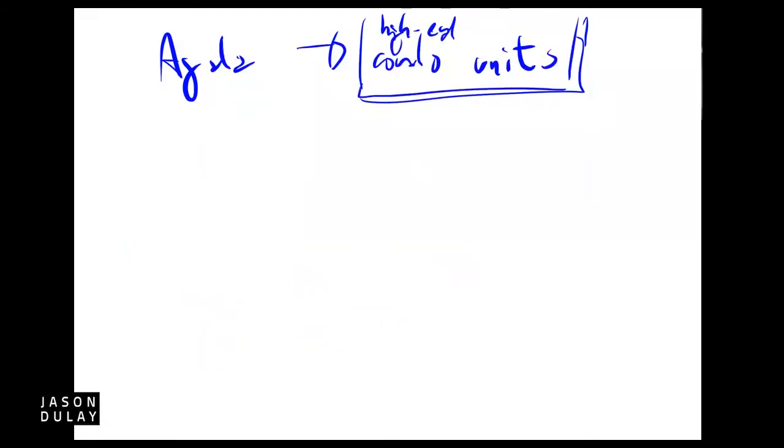Who are they really targeting? Who would buy these high-end condo units? So you come up with what we call market demographics. Let's say you're targeting married couples. They have to be married, and they have to be between the ages of 30 to 50.